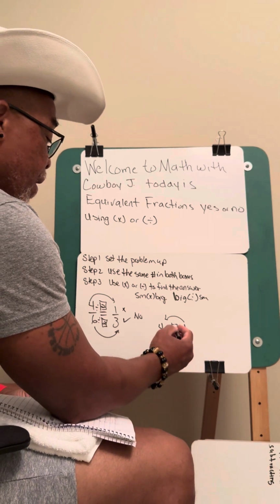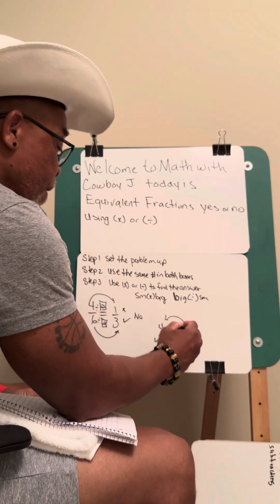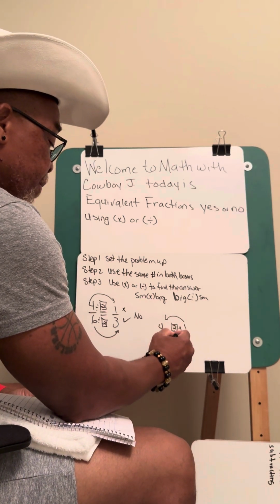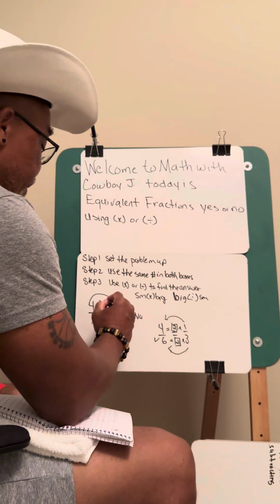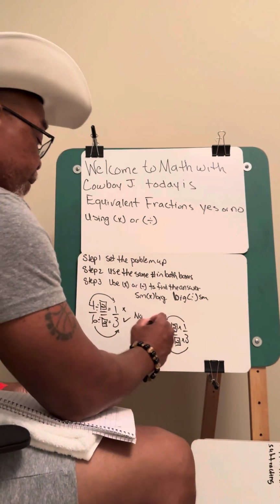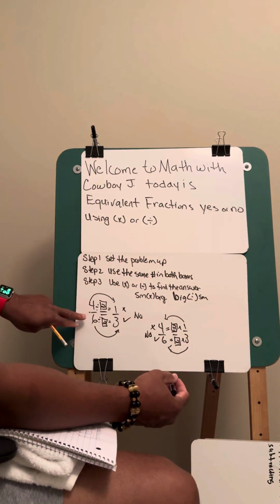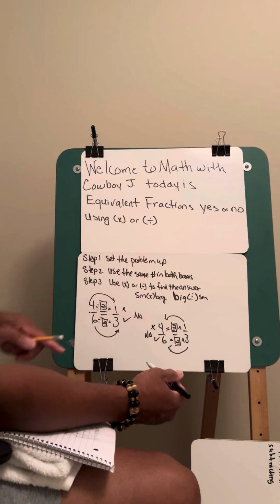Check. Oh, it should be 2 in there, sorry. 1 times 2 is not equal to 4. So now we know that 4/6 is not equivalent to 1/3.